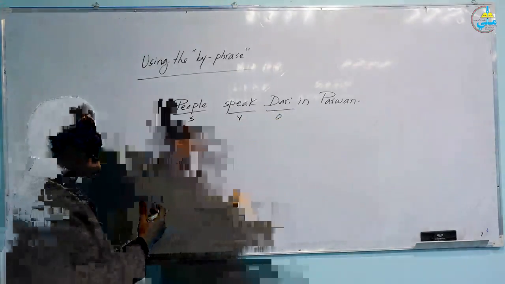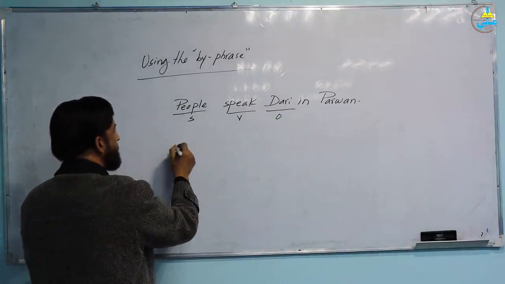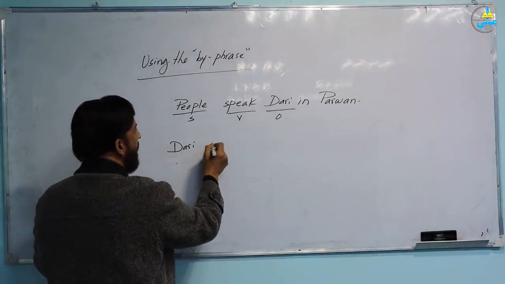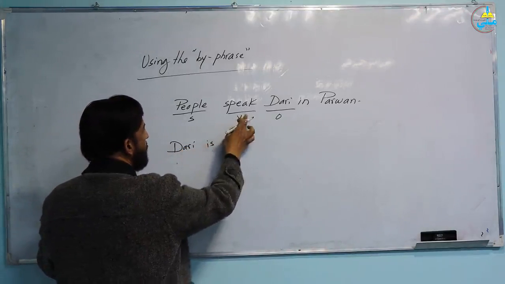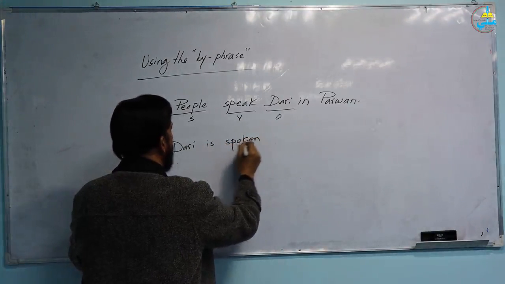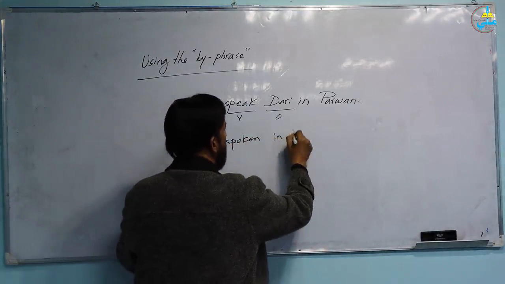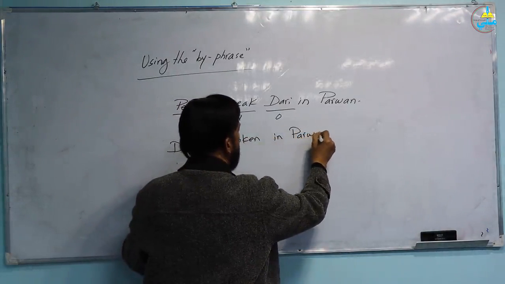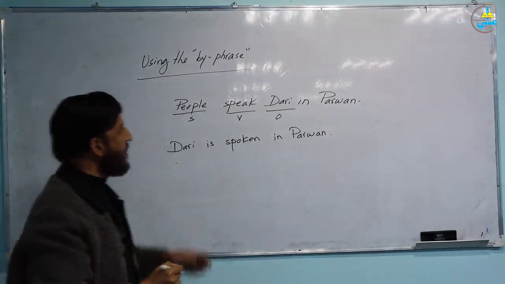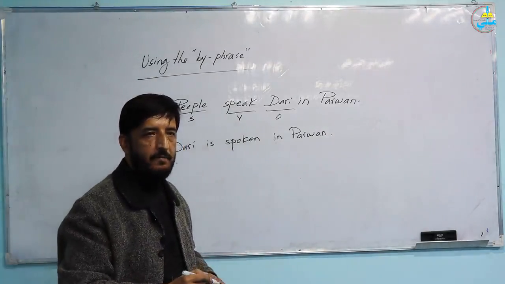So, if we change it to passive, we bring Dari here as subject. Dari is the third form of speaking, spoken. Spoken in Parwan. Dari is spoken in Parwan.